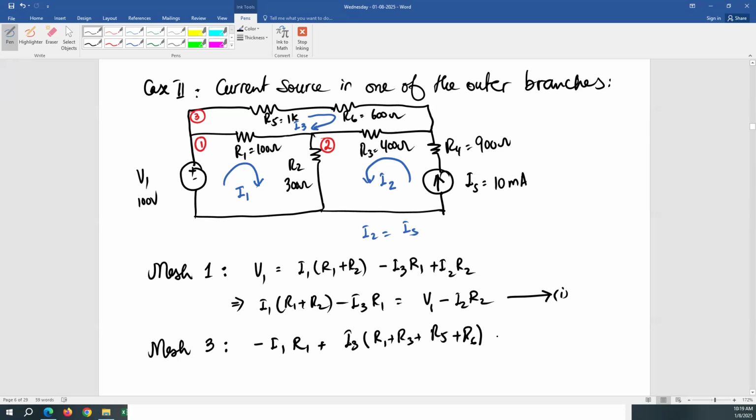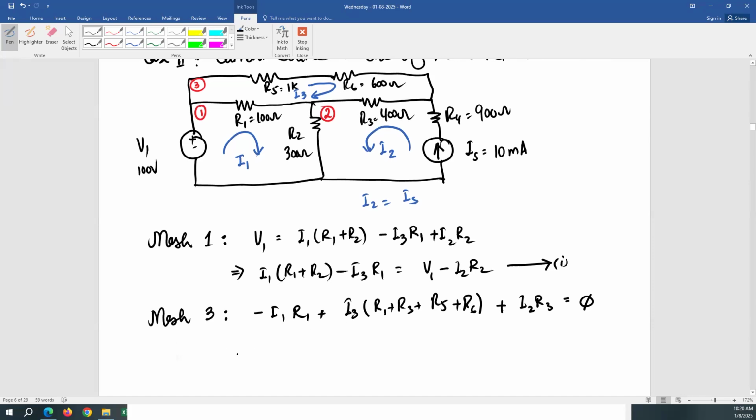So that's going to be plus I2 times R3, and there is no voltage source, so it's equal to 0. And since we know I2 and R3, that is going to be our constant, so that's going to go on the other side. I3 times R1 plus R3 plus R5 plus R6 minus I1 R1 equals negative I2 times R3. And that's going to be our equation number 2.